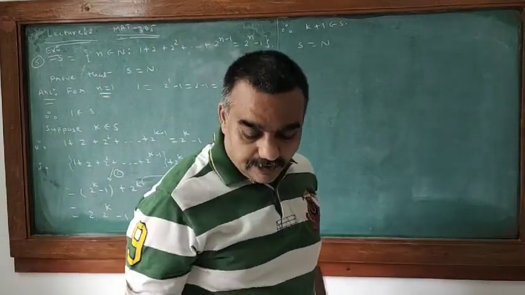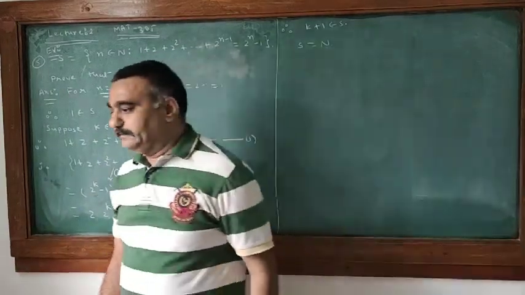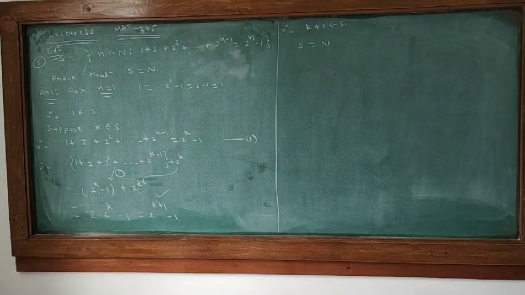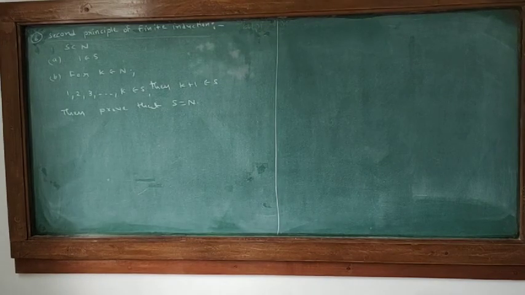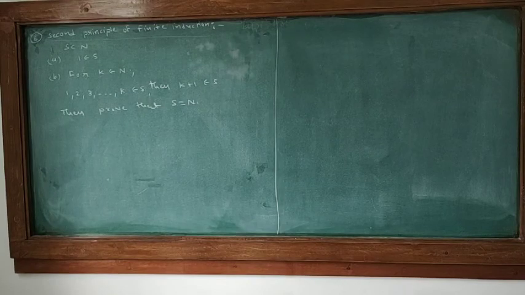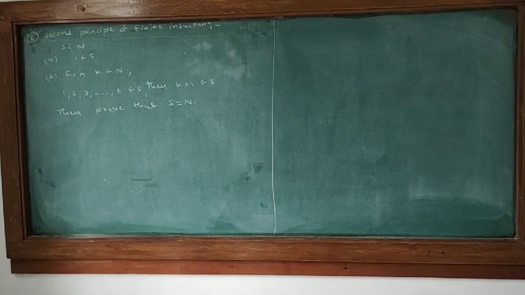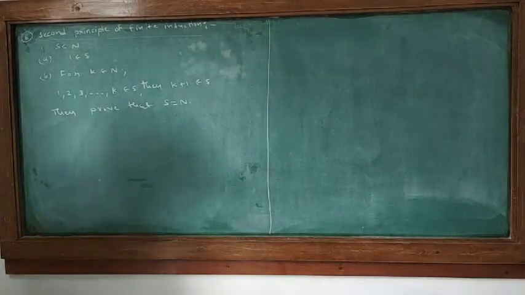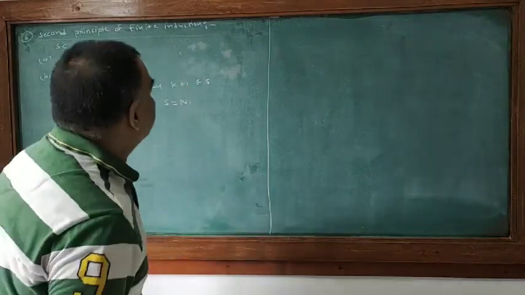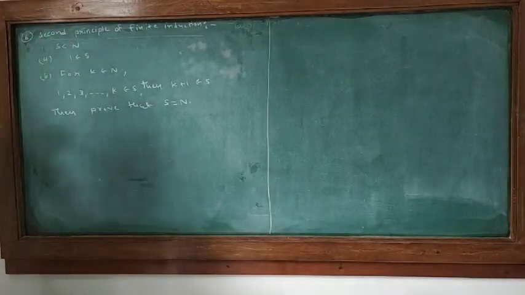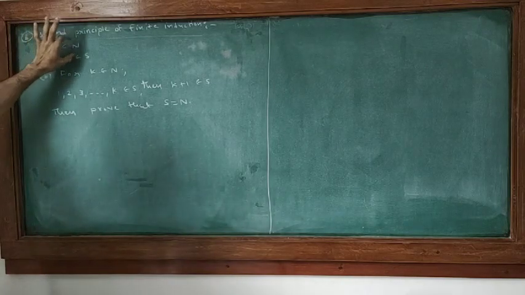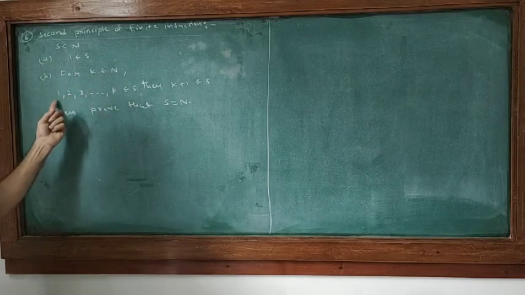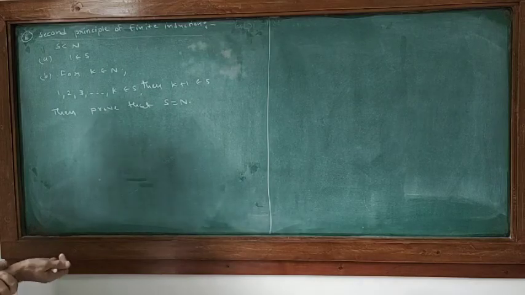Next, we are going to prove the second principle of induction. Here, the second principle of finite induction: S is a subset of N, 1 is in S, and for k in N, 1 to k, there is a difference.